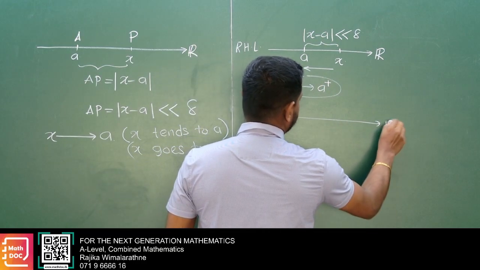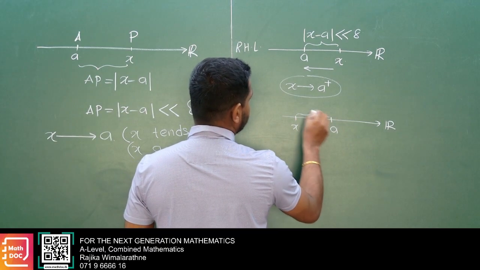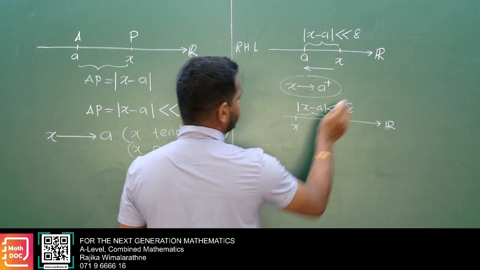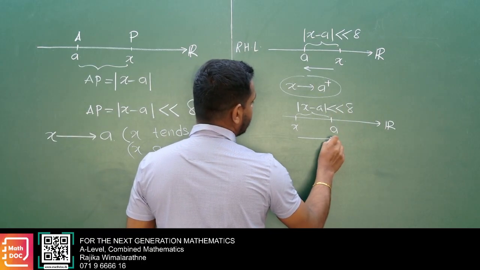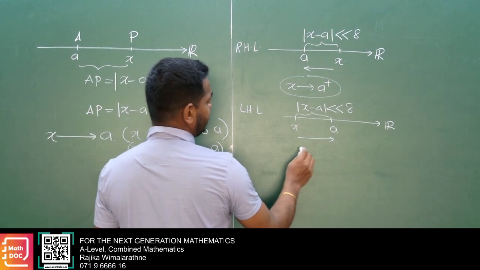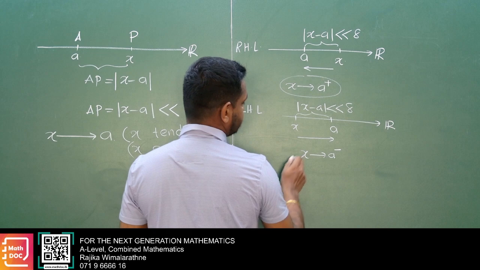Then on the real number line, a somewhere here, x somewhere here. If modulus of x minus a is less than delta, then it moves toward a from the left hand side. We call it the left hand limit, and denote it by x arrow a minus.